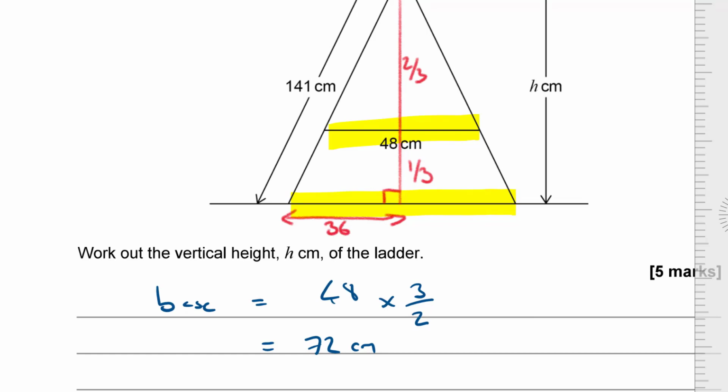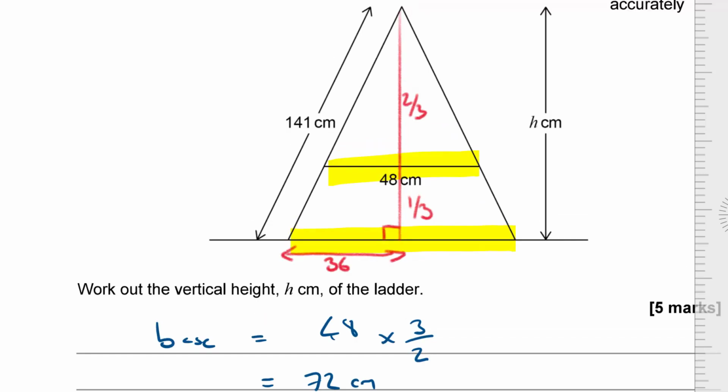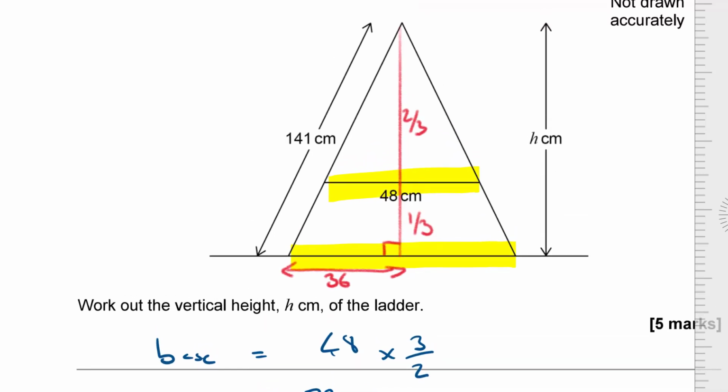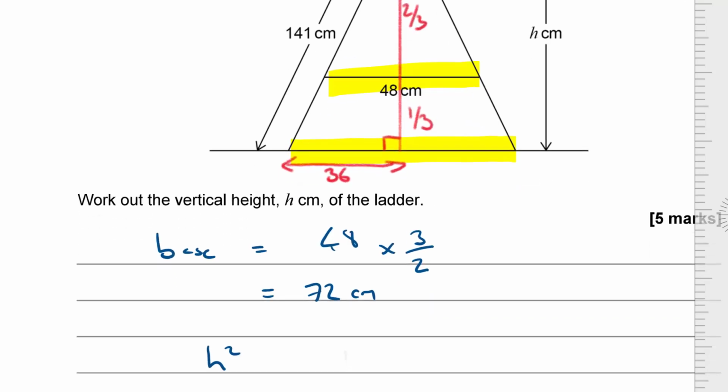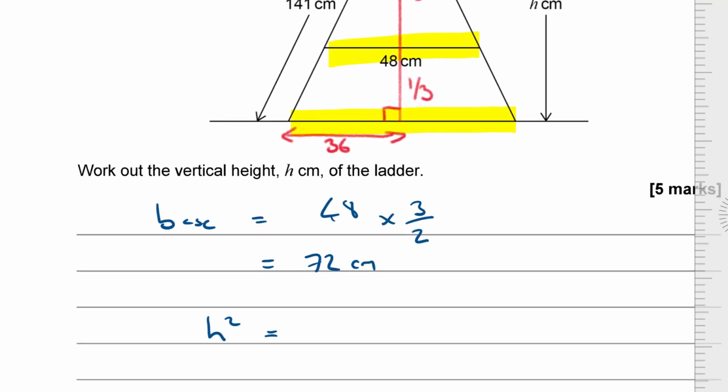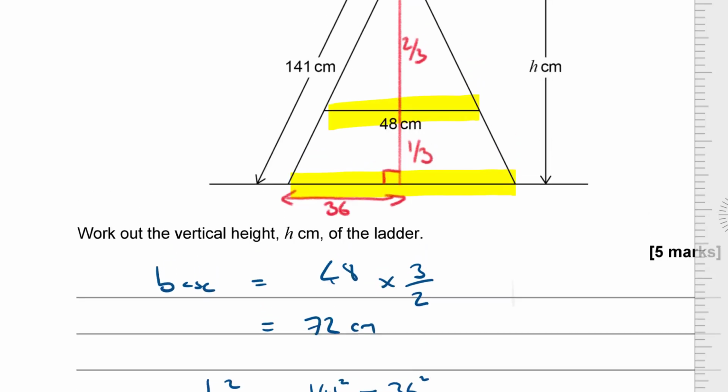Okay, so that's 36. And I've got the hypotenuse of the long triangle. So now I can use Pythagoras Theorem to work out the height. I can say that h squared, the height of my ladder, is going to be 141 squared subtract 36 squared.